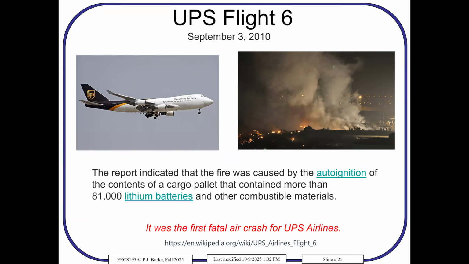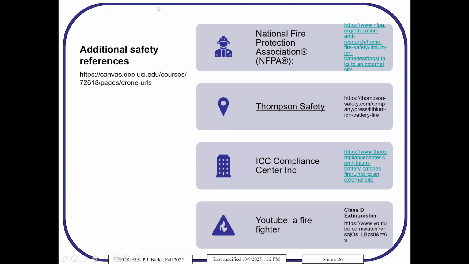What other things do we want to discuss on this? I have some links here to firefighting associations that give you more information, so you can fact check me. You don't have to take my word for it. These are reputable organizations. I put them up on the Canvas page, and it's linked here.